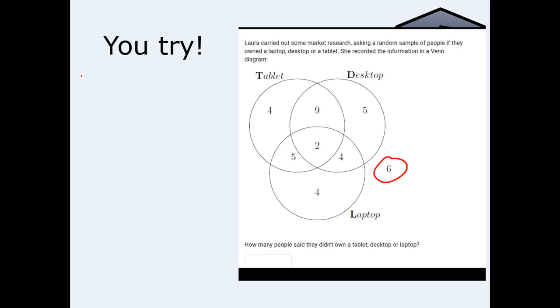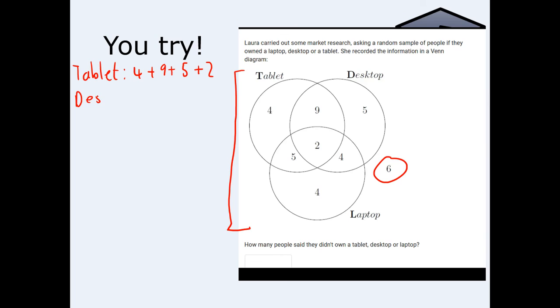And what we can do is I'm going to read off some key things here just to end this video, just to make sure that you're completely happy with what this Venn diagram is telling us. So how many people owned a tablet would be 4 plus 9 plus 5 plus 2. All this added together would be how many people have a tablet.